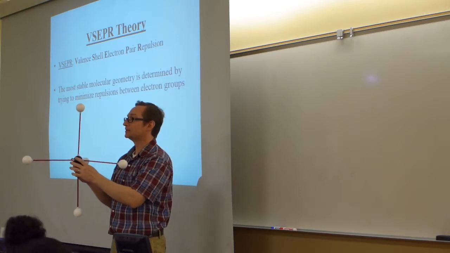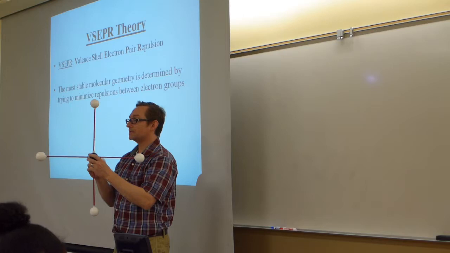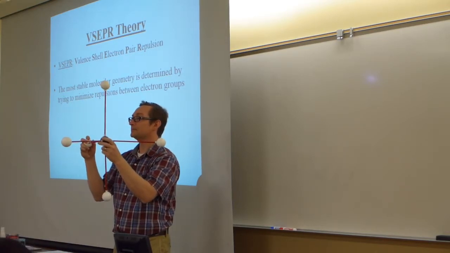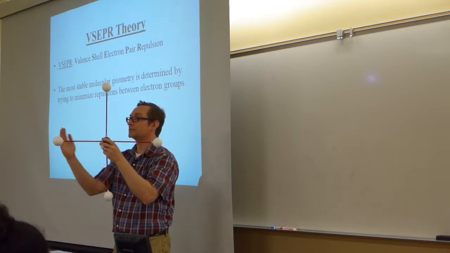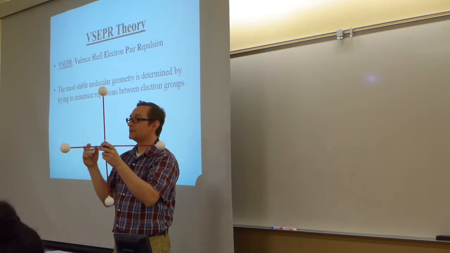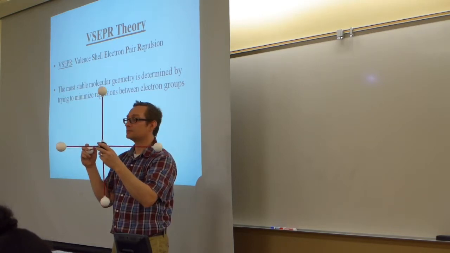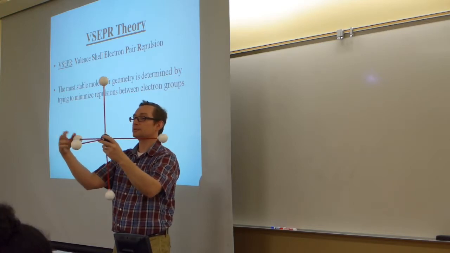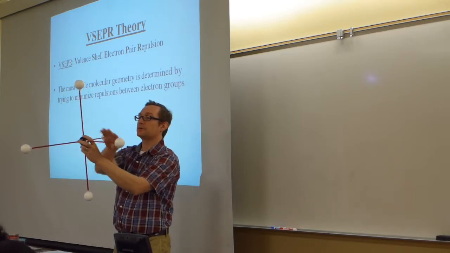What do you mean by maximize? Maximizing a bond angle means basically getting this atom as far away from this one as possible. That's what I mean by maximizing. I'm maximizing the angle between these two. They're both negatively charged. They want to get away from each other as much as possible. But maybe you've got this angle here, and then you've also got this other atom over here, and it repels both of these two.